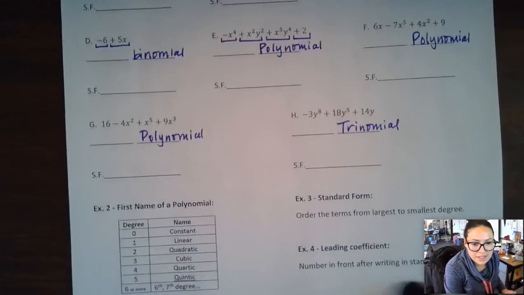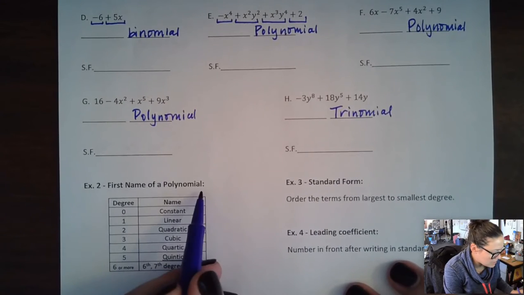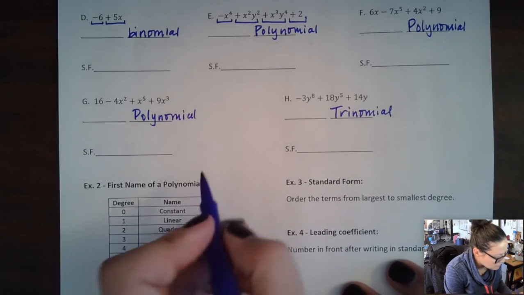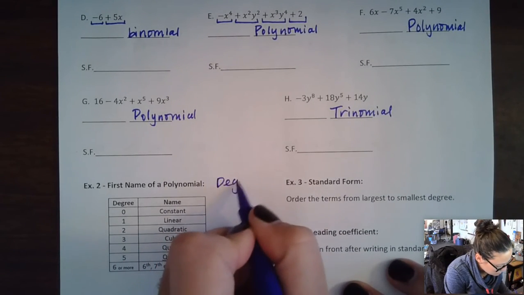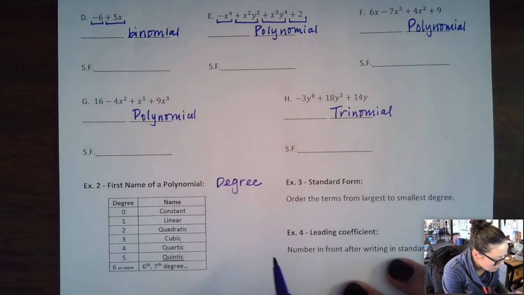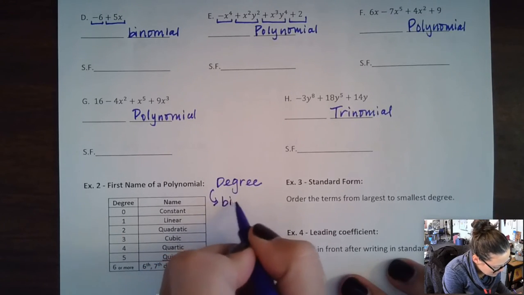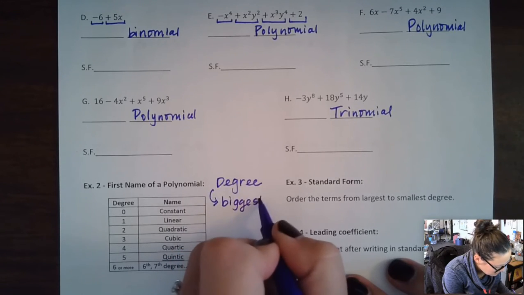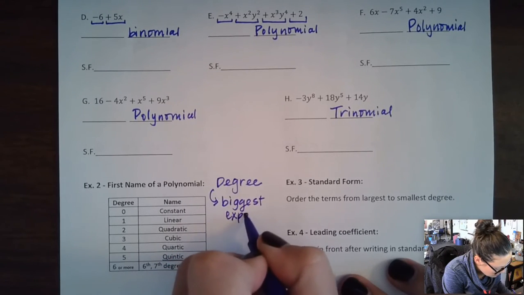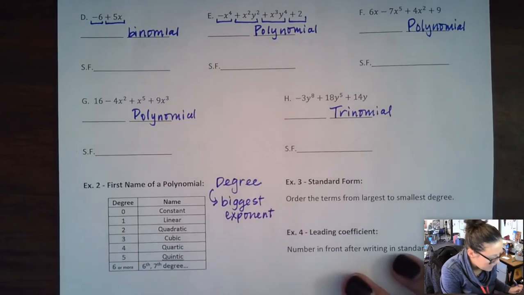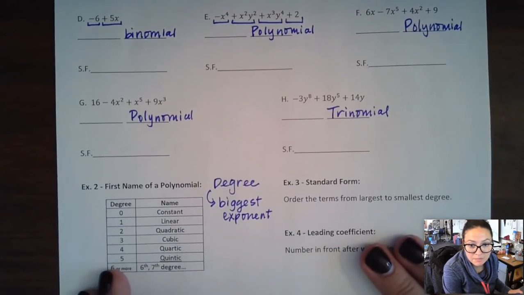All right, let's talk about how we do the first name of a polynomial. And that is based on the degree. Now, degree is basically the biggest exponent. Degree has to do with the exponents, okay?